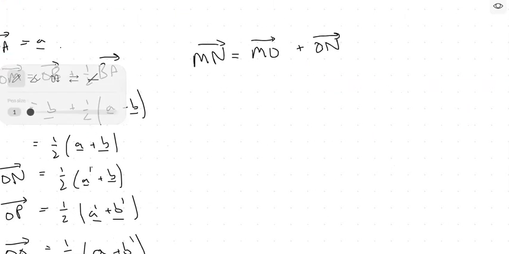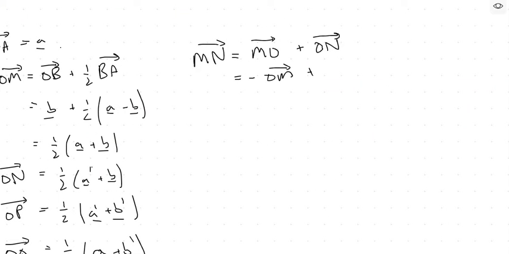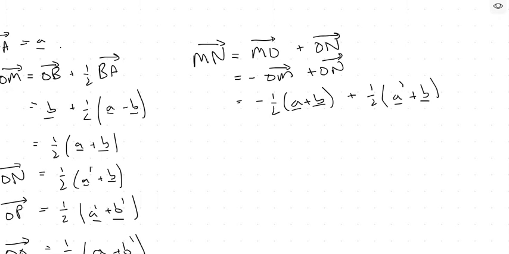So MN is equal to minus OM plus ON. Minus OM is a half A plus B, and plus ON is a half A dash plus B. So in total we have a half A dash plus B minus A. I'm lying here, there's no B because the B's cancel.